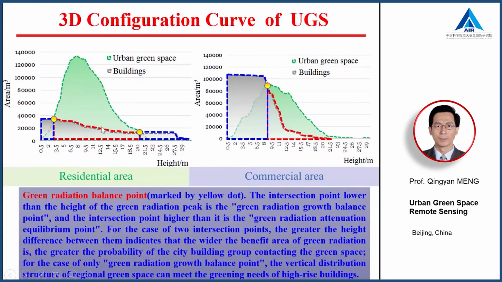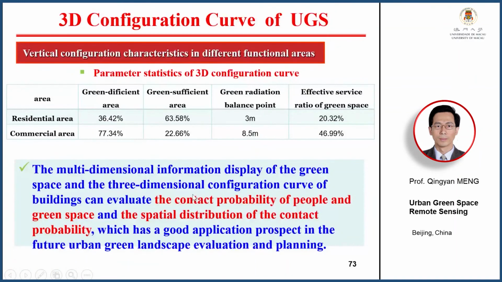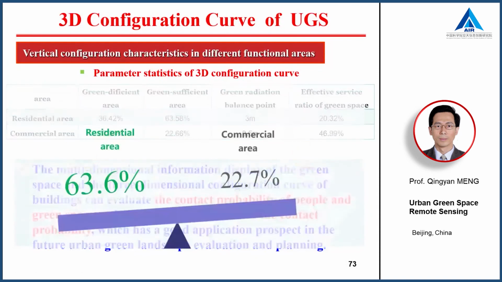Then the multi-dimension information display of the green space and the three-dimension configuration curve of the building can evaluate the contact probability of the people and the green space and the spatial distribution of the contact possibility, which has a very good application prospect in future planning and evaluation.